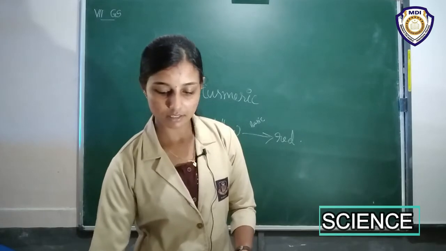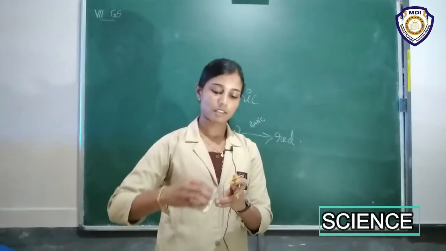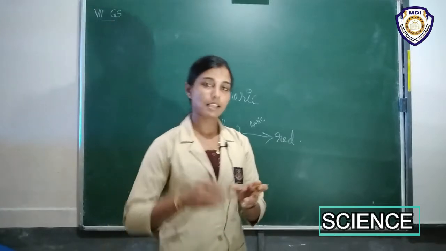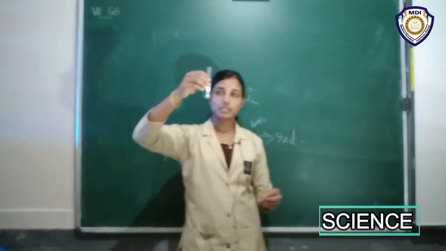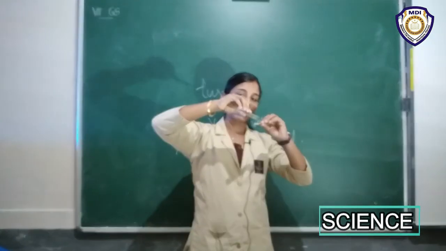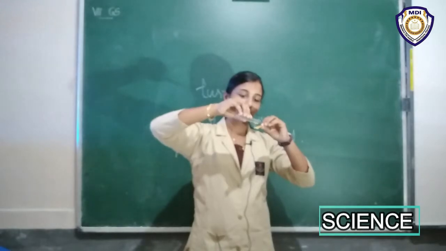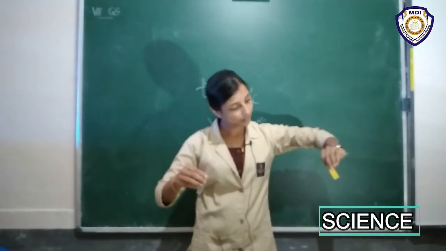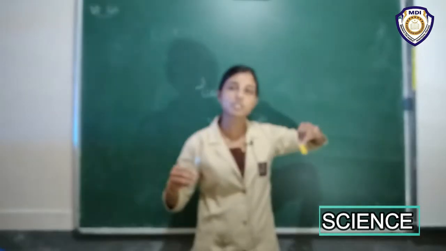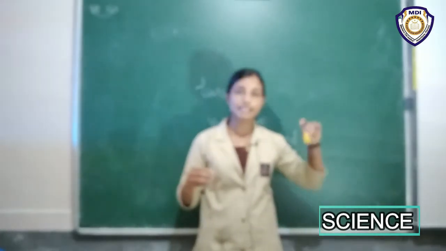So this is lemon juice. When I put a drop of lemon juice on this strip, what will be the result? You can see there is no change in color, right? So yellow remains as yellow.